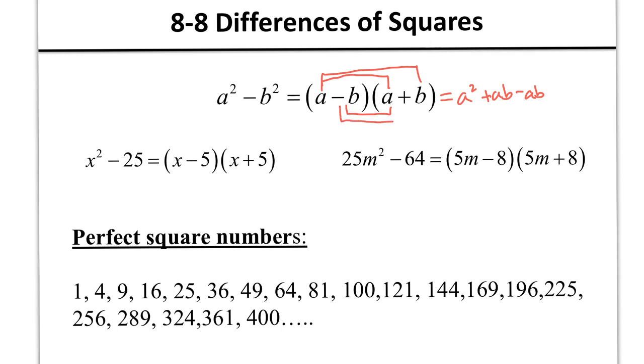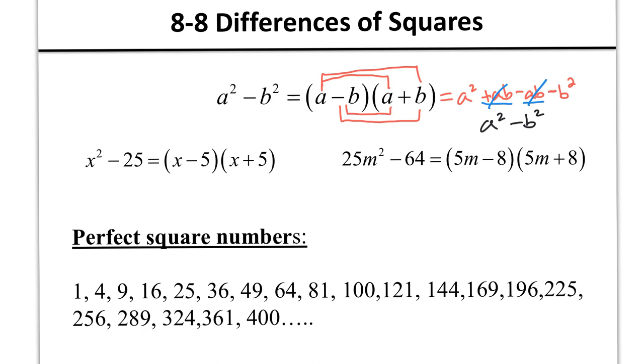Then negative b times positive b gives negative b squared. Now if you look at the terms in the middle, positive ab minus ab, they cancel, and we get a squared minus b squared. So eventually you get that polynomial back.